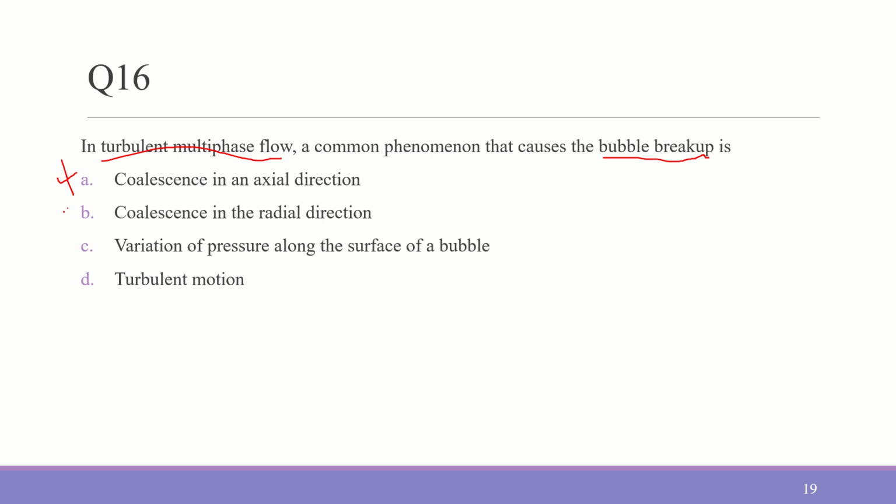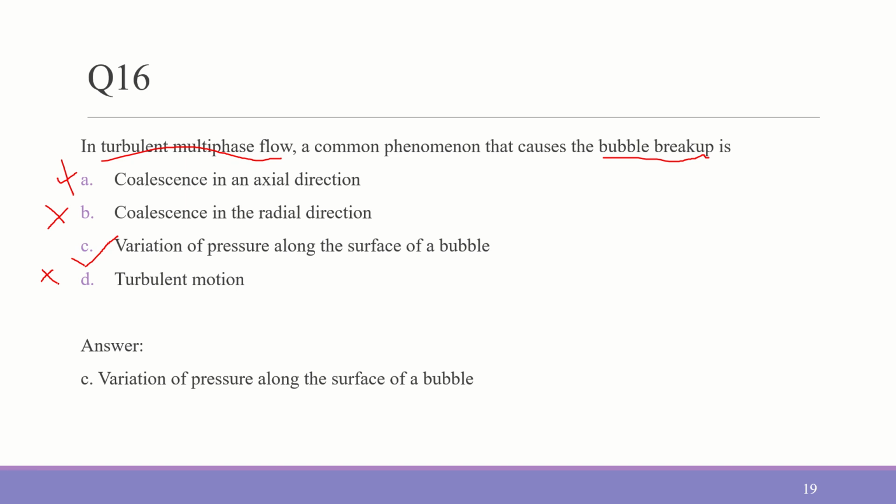Similarly, coalescence in radial direction doesn't have much to do with it. Whereas variation of pressure along the surface of a bubble is an important factor which causes bubble breakup. So option C is the right answer, and turbulent motion doesn't have anything to do with this. In a turbulent multiphase flow, a common phenomenon that causes bubble breakup is variation of pressure along the surface of a bubble. Option C is the right answer.